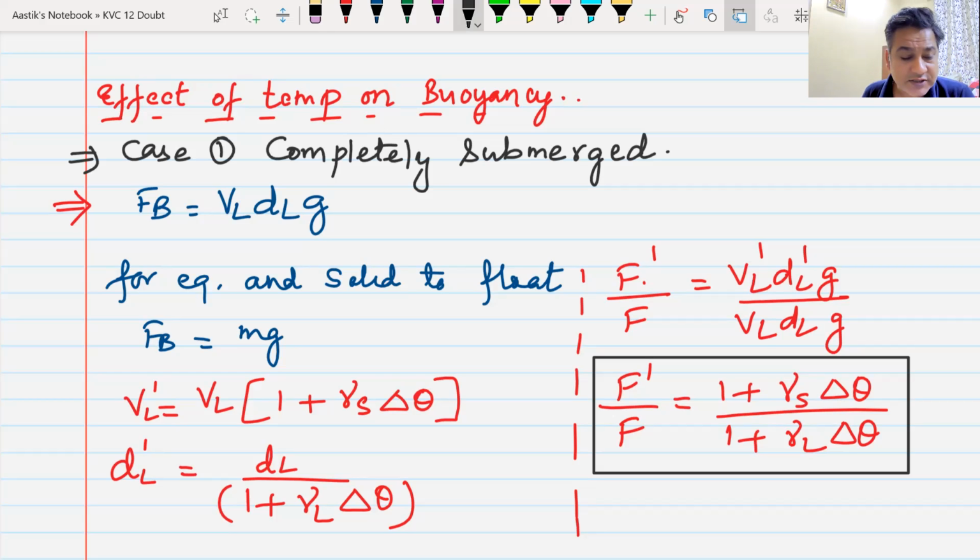Have we noted this down? Please note it down, beta. I'll give you 2 minutes to note it down.